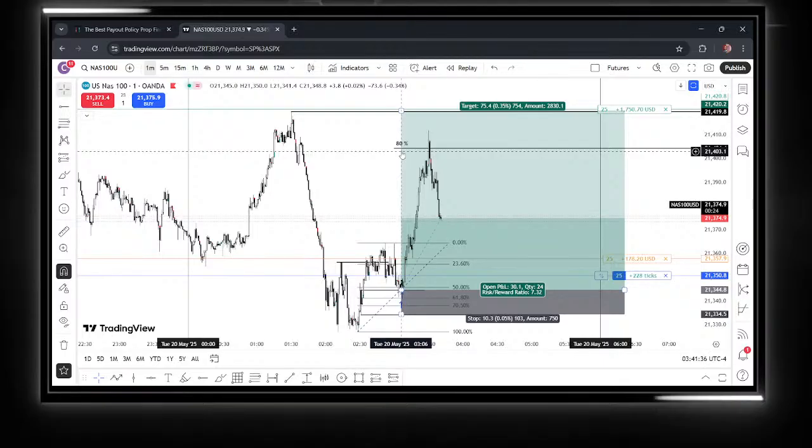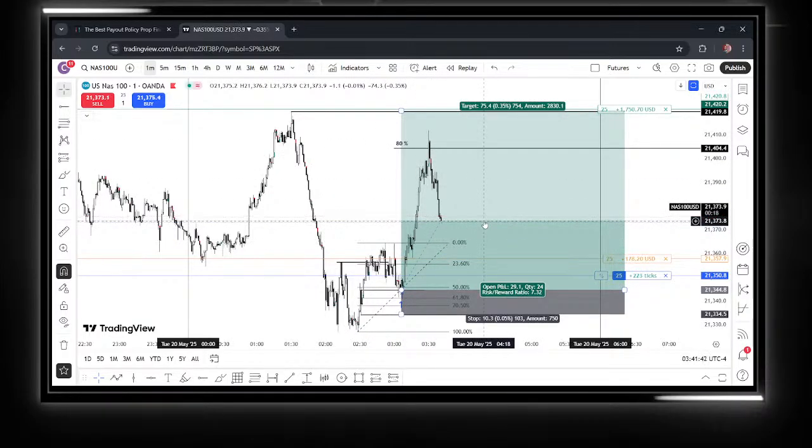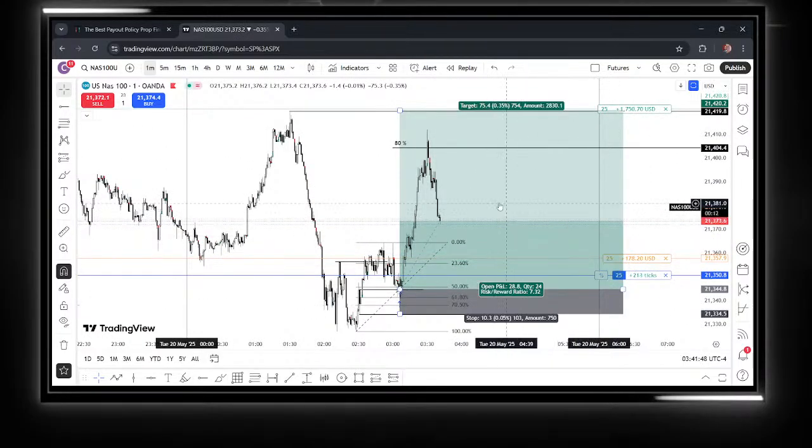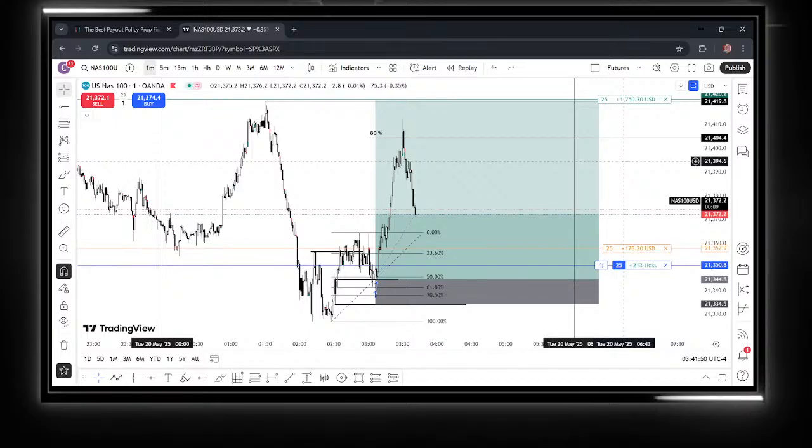If one of them is it having a pullback, that'll be okay. And maybe the pullback could be really a pullback, or it could literally be a reversal. Hence it's always good to manage your trade.